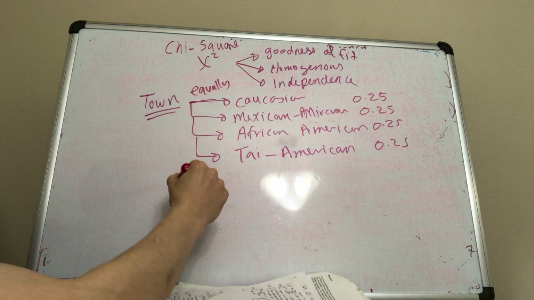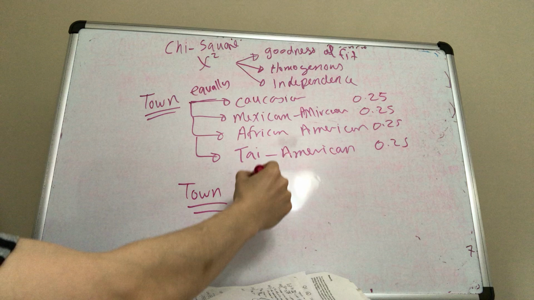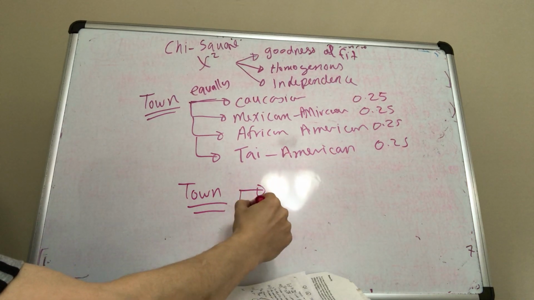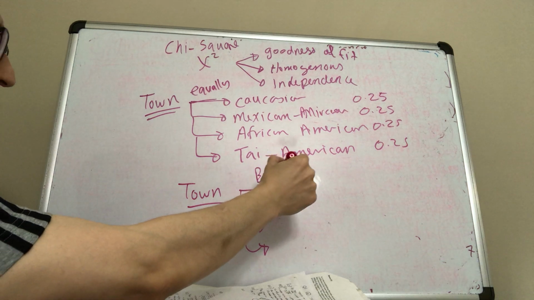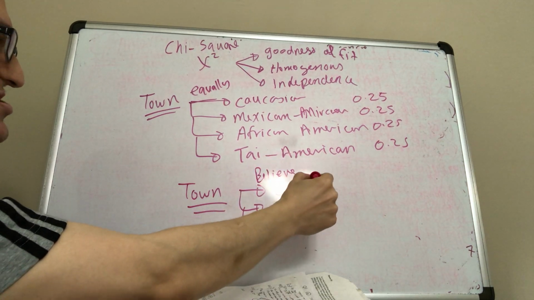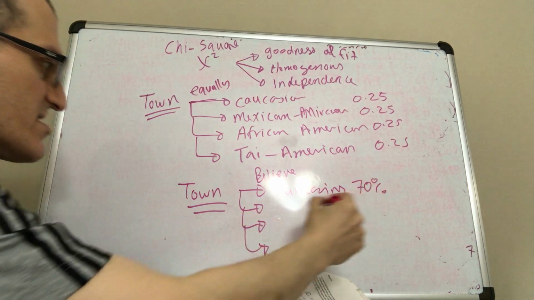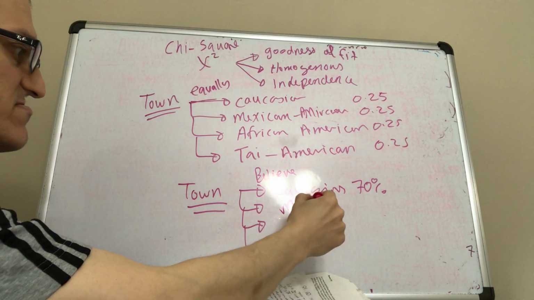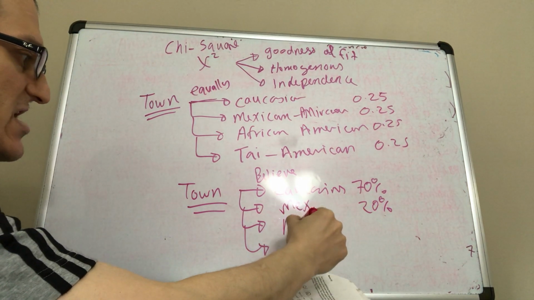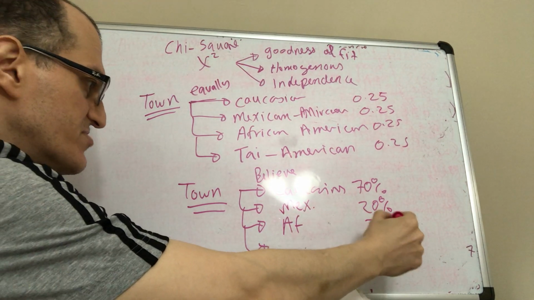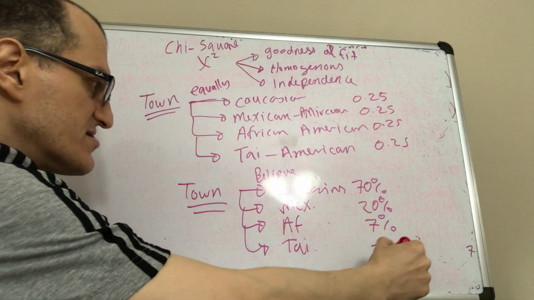Sometimes they might ask you, you have a town, and people living are one of the four groups, but they believe that the Caucasian represent 70%, the Mexican represent 20%, the African represent 7%, and the Thai represent 3%.